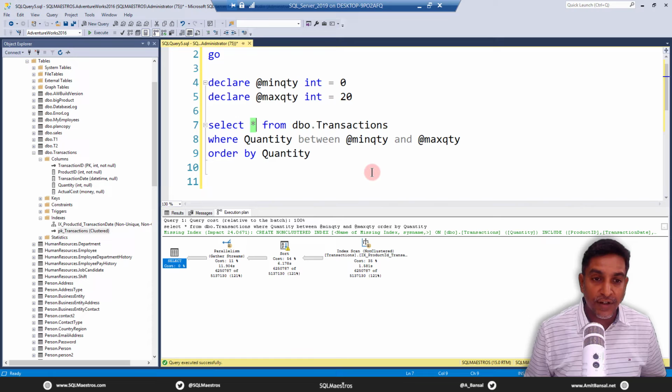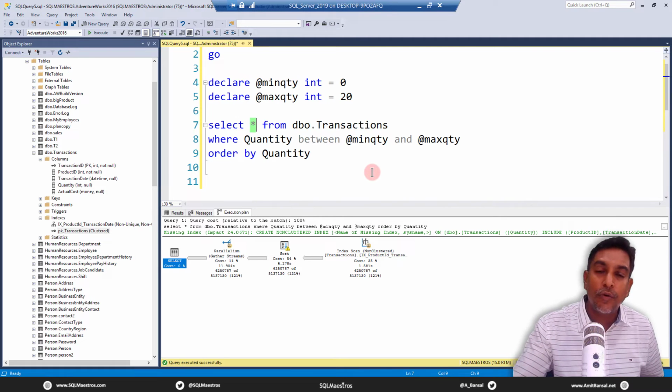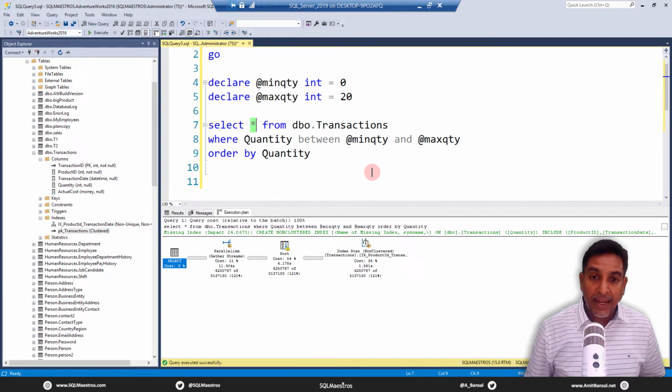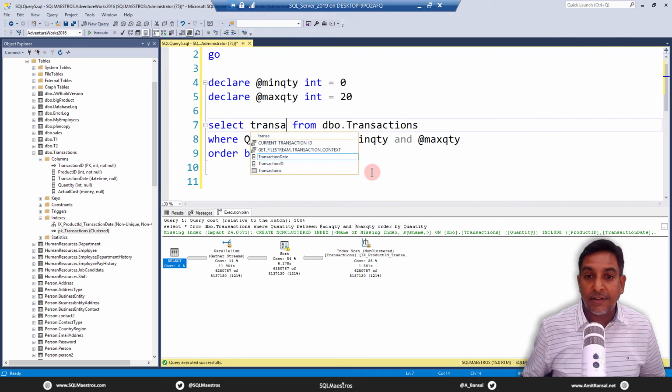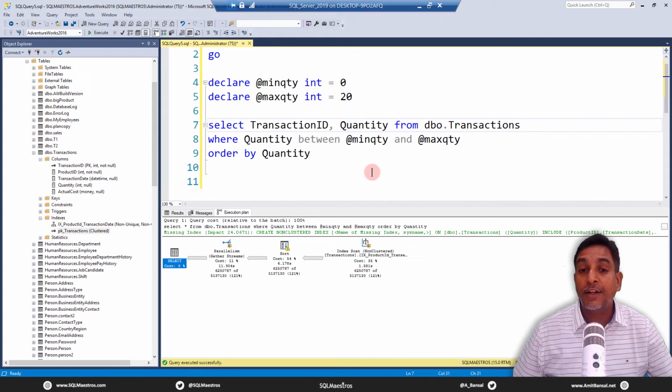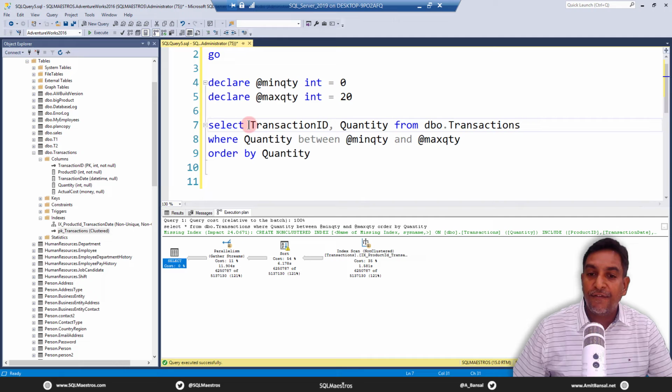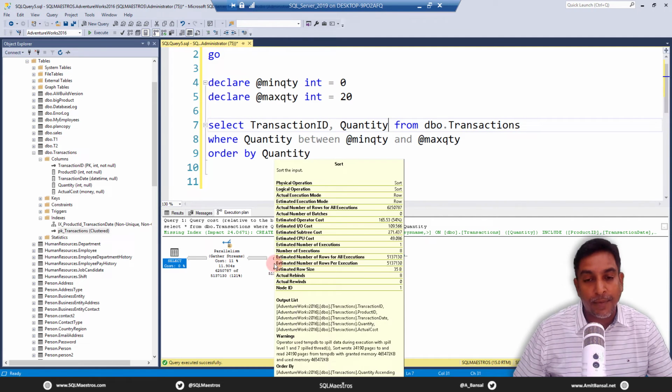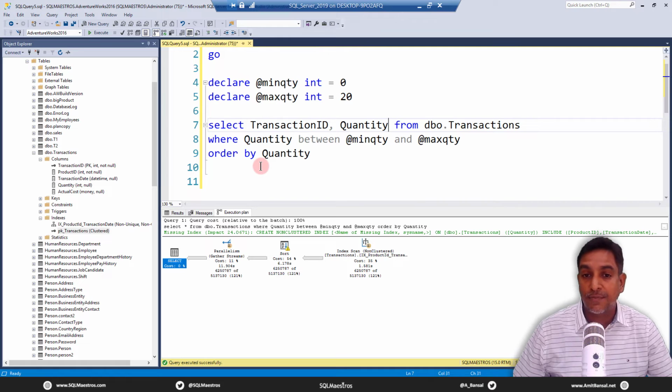So first things first, if this is really how you want to go forward, fair enough, but I might only want, let's say, transaction ID, quantity. This is what I might only need. I'm not going to run this again because this will again fetch data from the same index, it's again going to use the sort operator, and it is again going to spill down. Just changing the attribute here does not really affect anything.